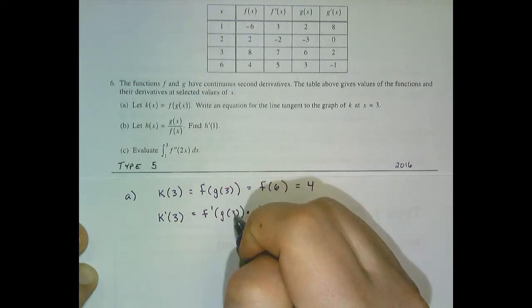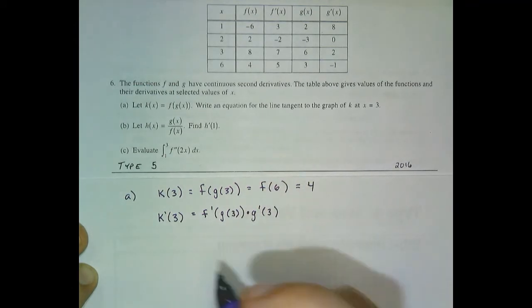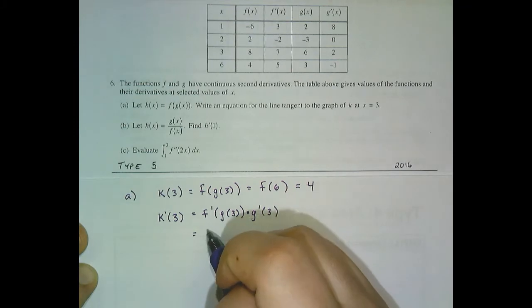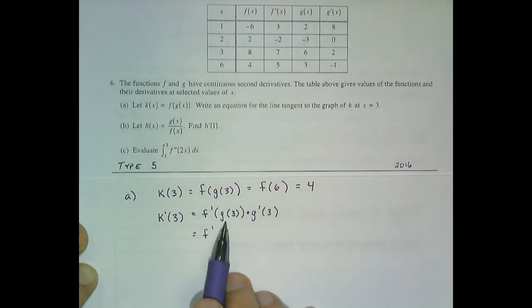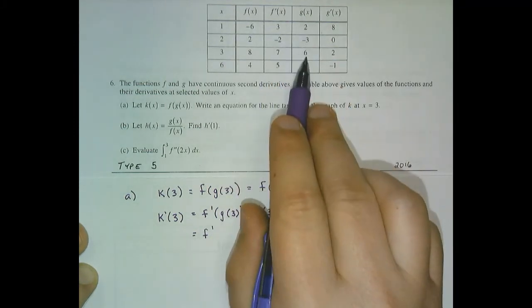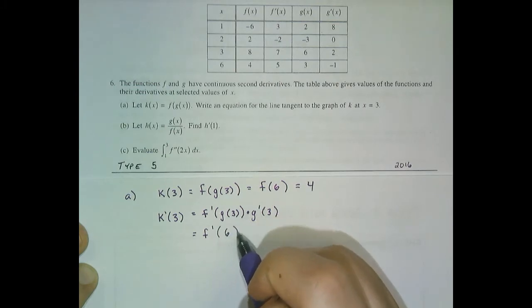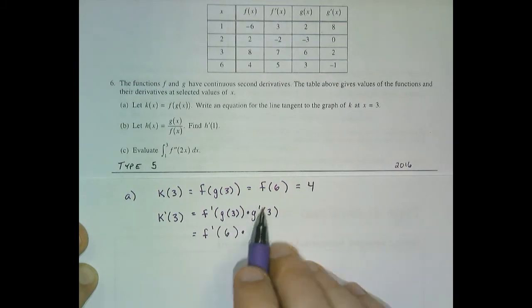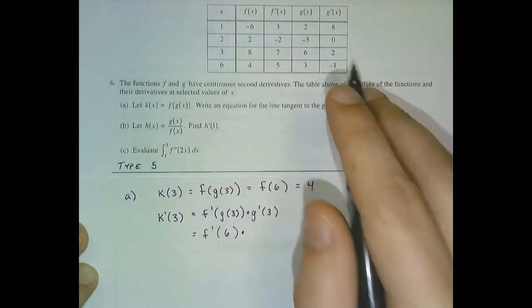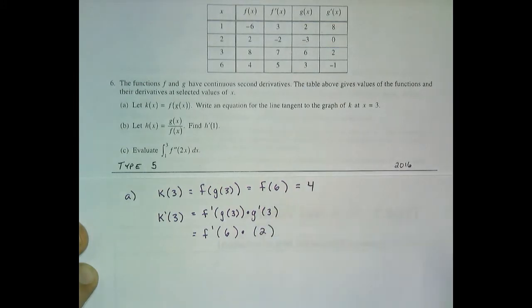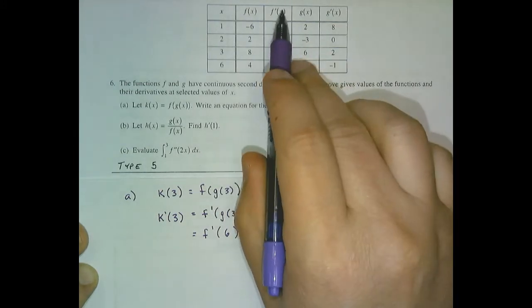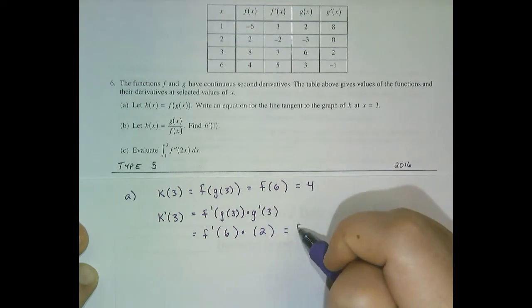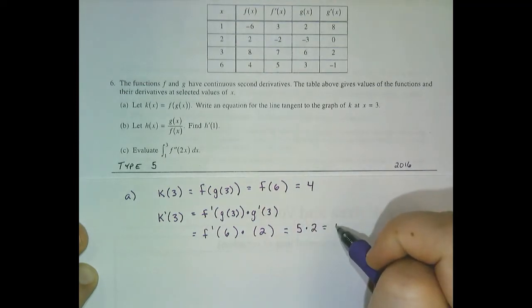So if I plug 3 into these two expressions, g of 3 we've established was 6, so f prime of 6 times g prime of 3. G prime of 3 is 2. F prime of 6 off of the table is 5, so 5 times 2 equals 10.